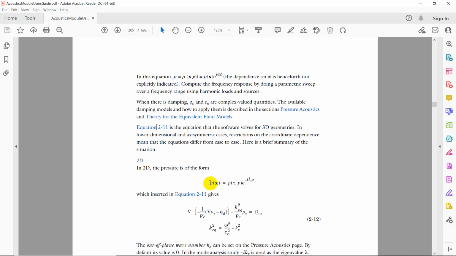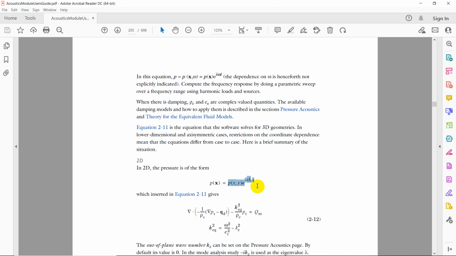If you see, p can again be considered as p(x,y) e to the power minus i k_z z. That means the wave is propagating in the z direction, and it has a wave number of k_z, and that is why this wave can be assumed by this equation.